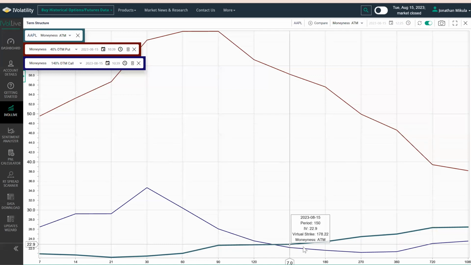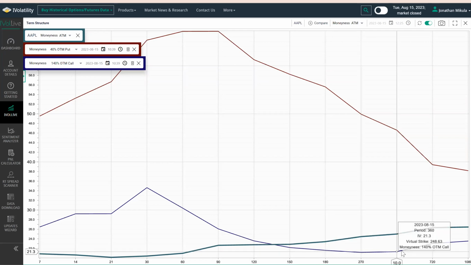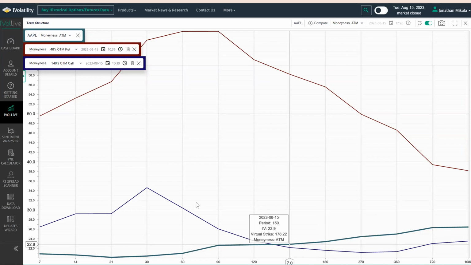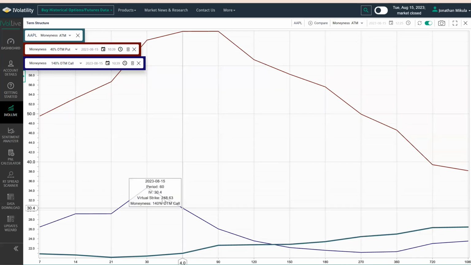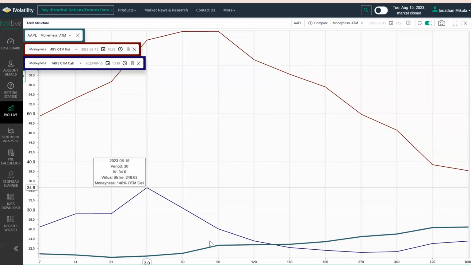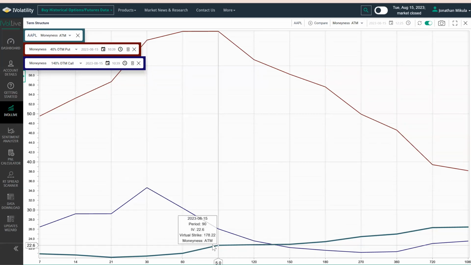So if I was going long and I was looking at the expirations, I could get some cheap options if I went 140% out of the money and past this expiration date. But if I went here, with 30 days out to expiration or 60 days, those are more expensive than the at the money call options.